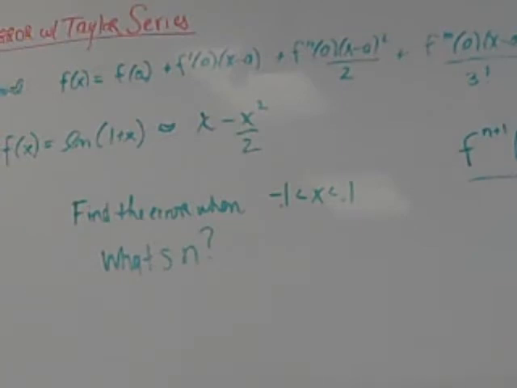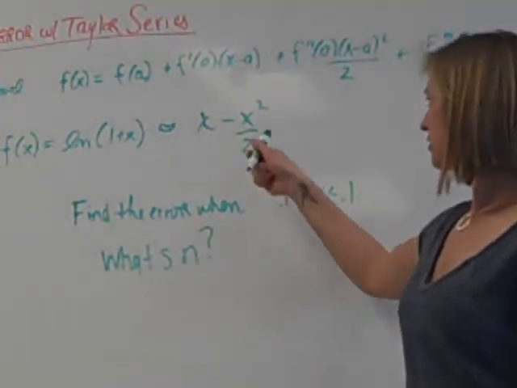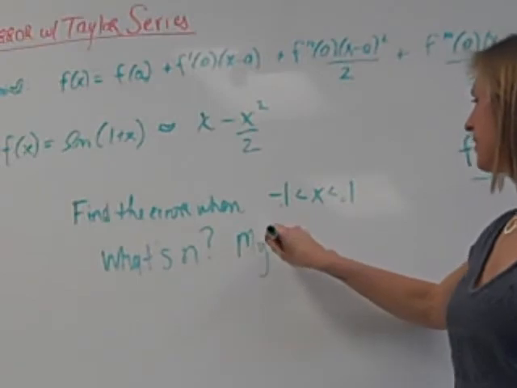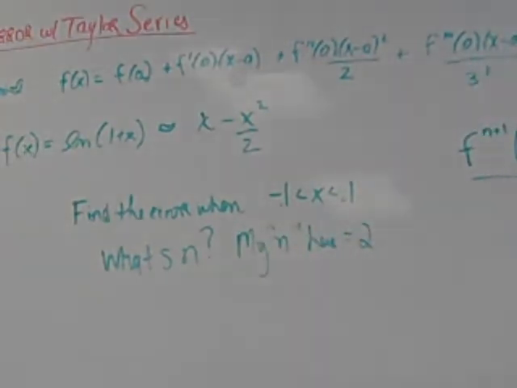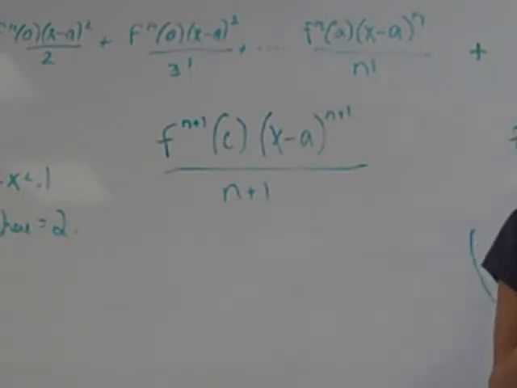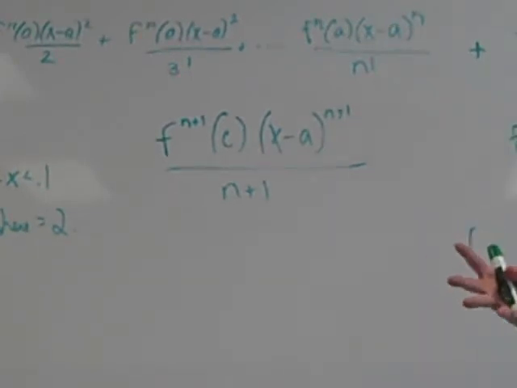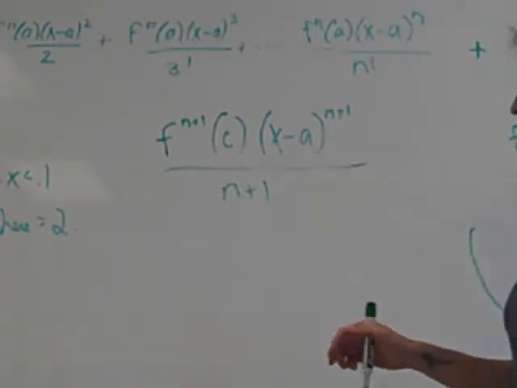So what power did I go up to? My n here equals 2. So I'm looking for the third derivative, and I'm going to be plugging 2 into the n spot. However many terms they're giving, whatever power that is, that's what nth term I have. Does that make sense?